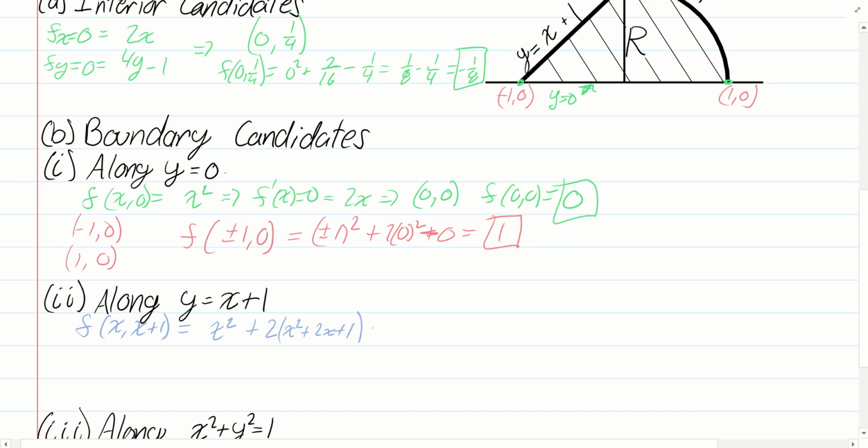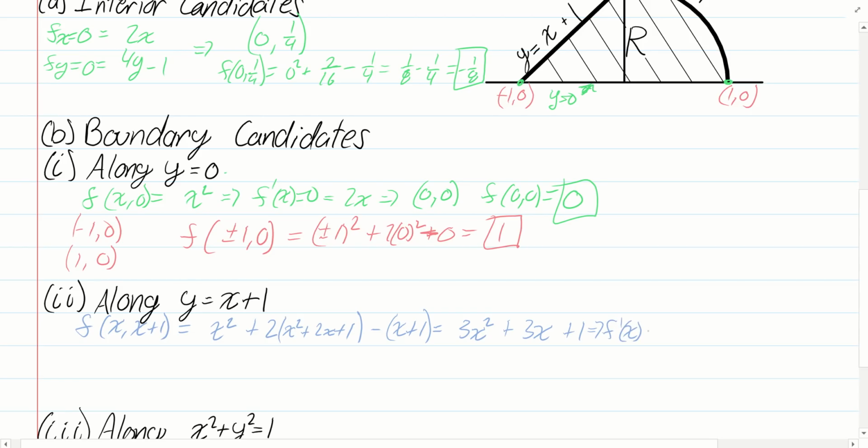I went ahead and expanded that, and then minus x plus 1, which then equals 3x squared plus 4x minus x, so 3x plus 2 minus 1 plus 1, get rid of that.